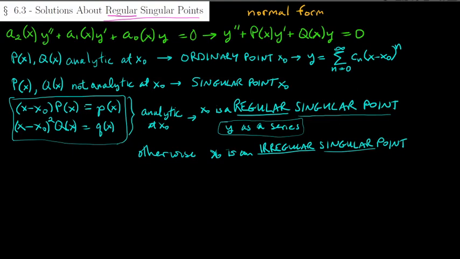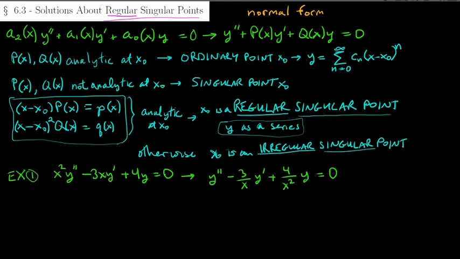Okay. So first, just some examples of how we get these regular singular points. Let's look at the following example. We have x squared y double prime minus 3xy prime plus 4y equals 0.